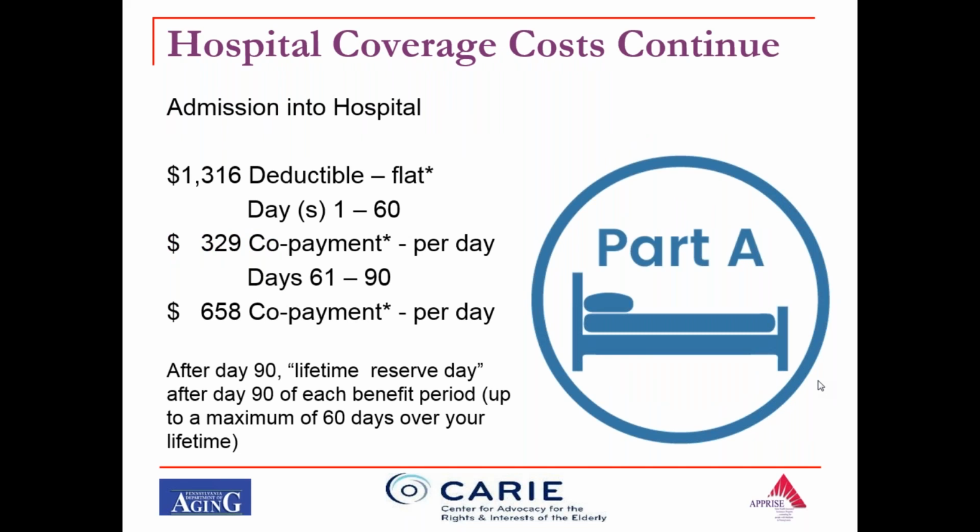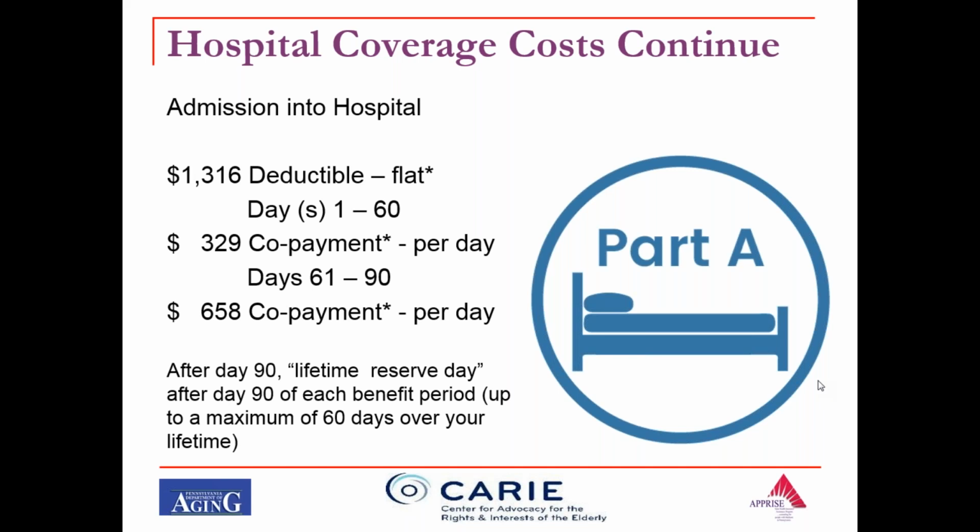So again, this is for hospital coverage. For example, if you were in the hospital, from days 1 through 60 you have that $1,316. For days 61 to 90, there's a $329 copayment per day, and after that it is $658 per day.